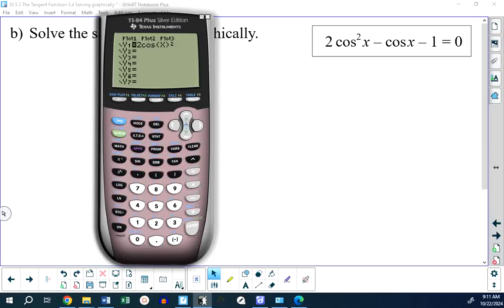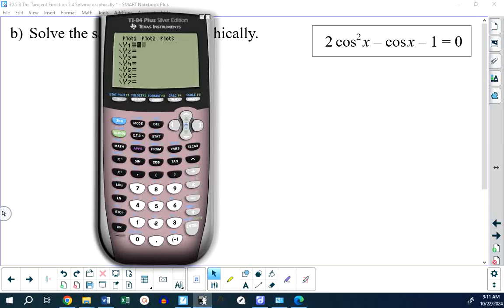Now, at least to me, that looks as though I'm squaring x, then taking the cosine of it. So for years and years, I would have told students, bracket cos x, end bracket, squared. But you don't have to do that, okay?